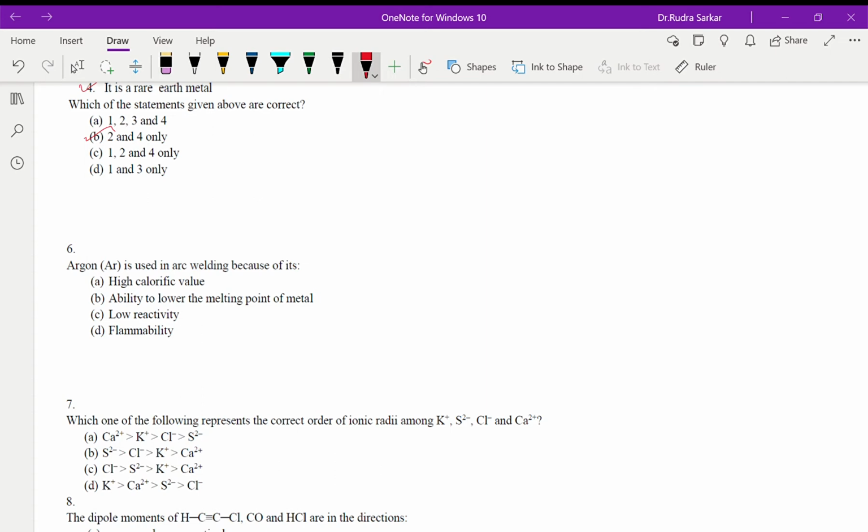It cannot lower the melting point of a metal, but obviously because of lower reactivity, it is an inert gas, and so while welding of metal, it creates an inert atmosphere.